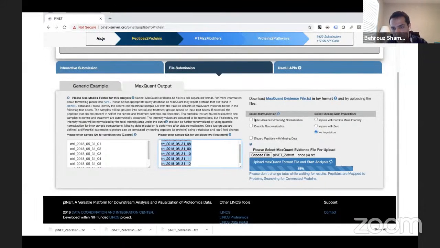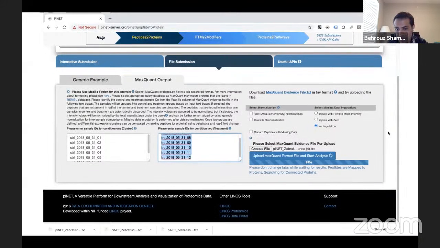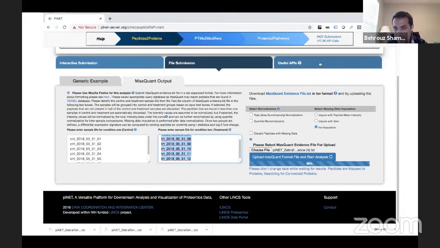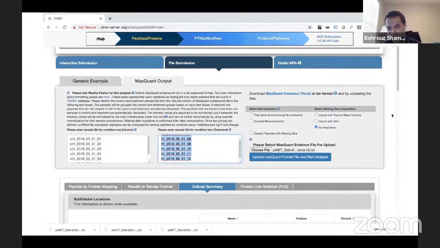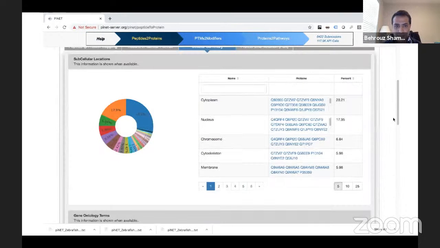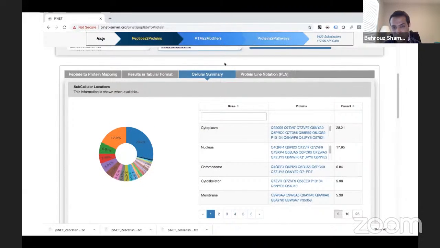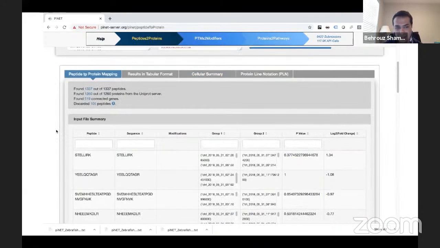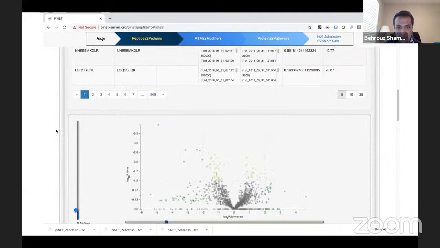There are also different normalization and different data imputation options that we can select here. As you can see, it is now getting ready for roughly 1,400 peptides. I would suggest that for this tab you stay below 2,000, because the server gets overwhelmed.